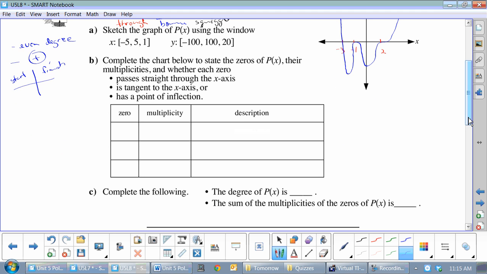So, just so you know, this would have multiplicity of 1. This is multiplicity of 2. And this is multiplicity of 3. So multiplicity of 1, that we've always said is a through.